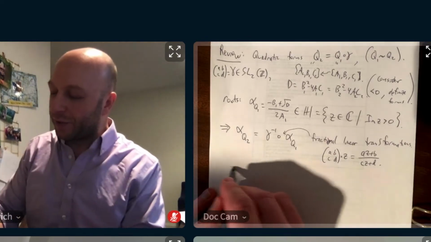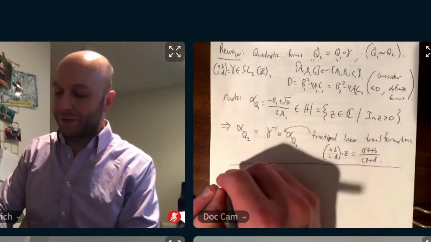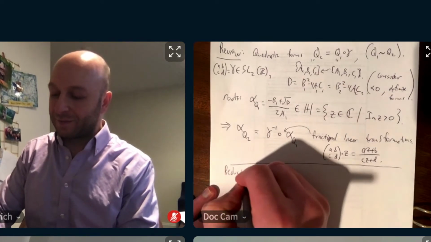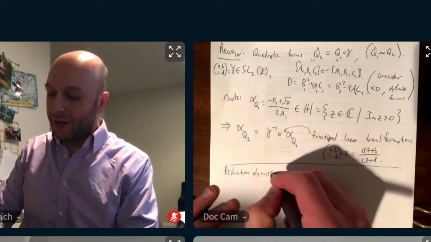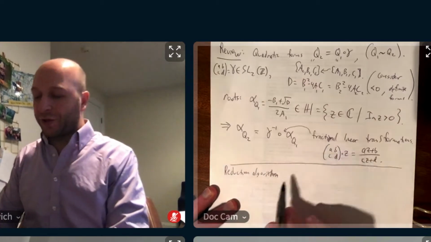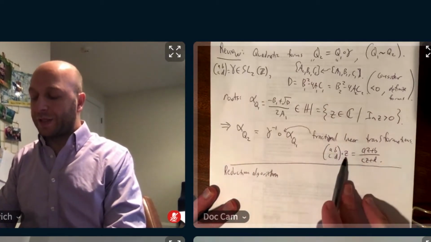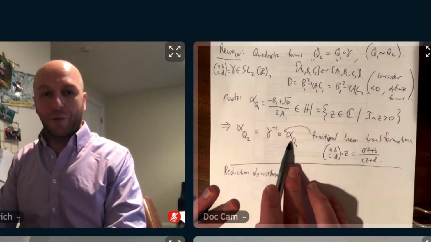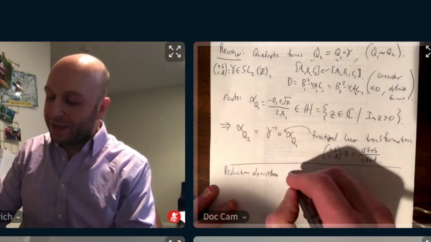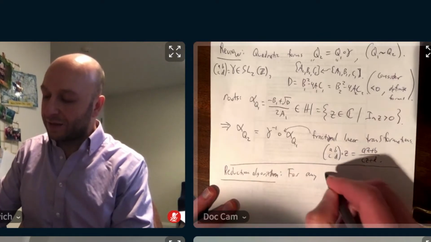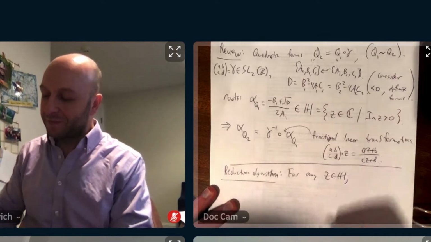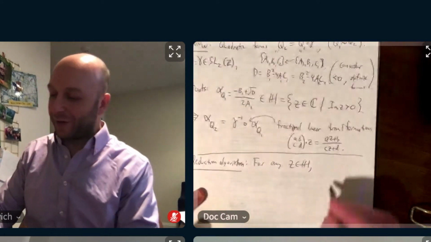And then we learned a reduction algorithm. In fact, there was nothing special about the starting points being points that come from quadratic forms, for any z in H. So here's the upper half plane.